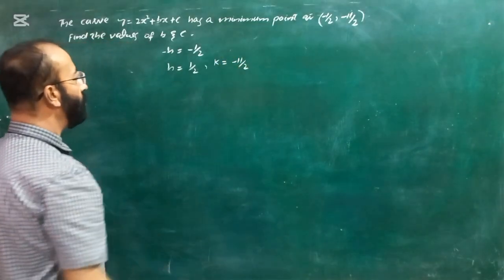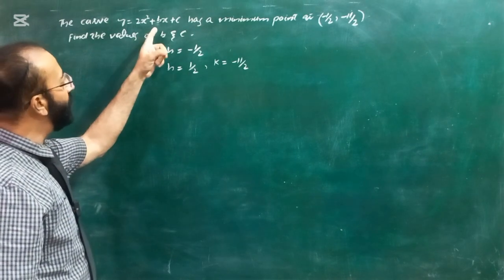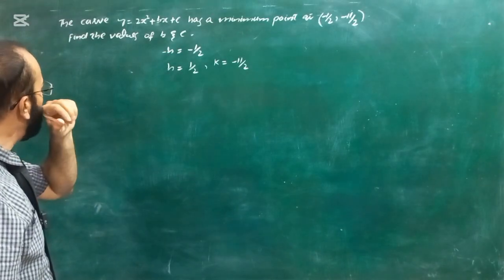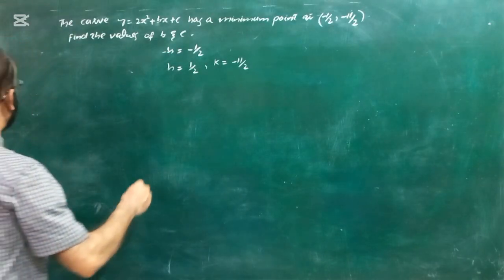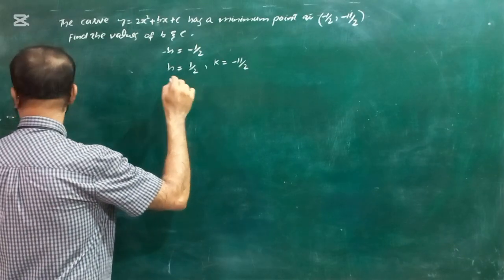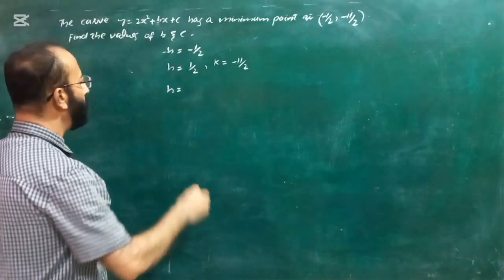So these are the values of h and k. So here is a method to find the coefficient value and the constant value in the quadratic equation, that is h is equal to b over 2a.